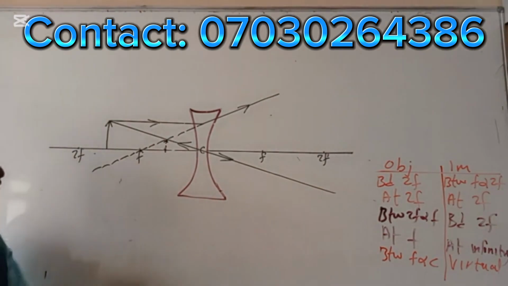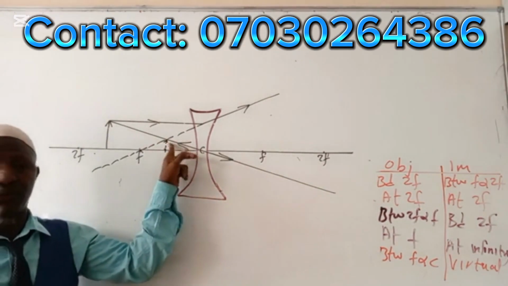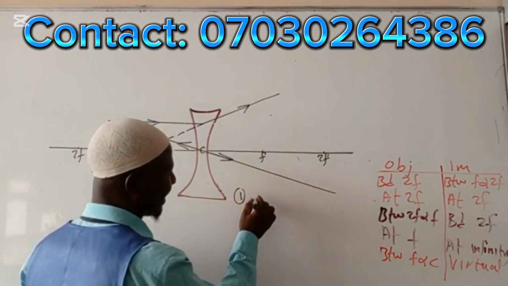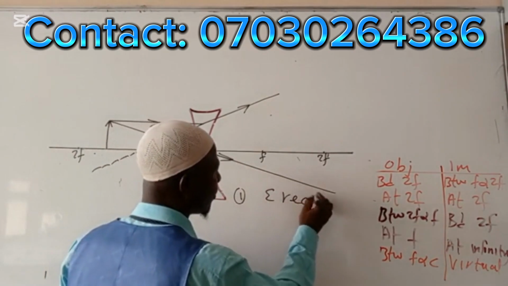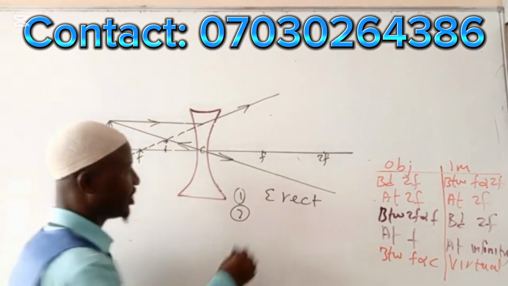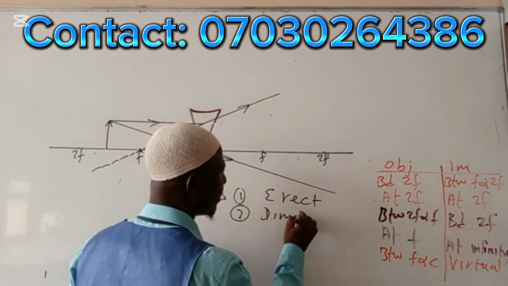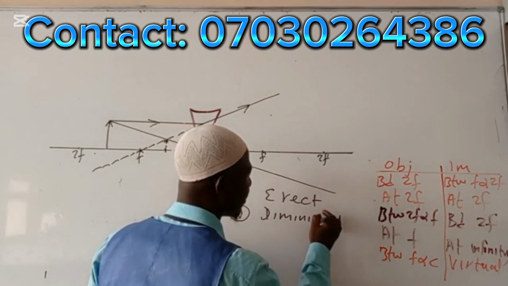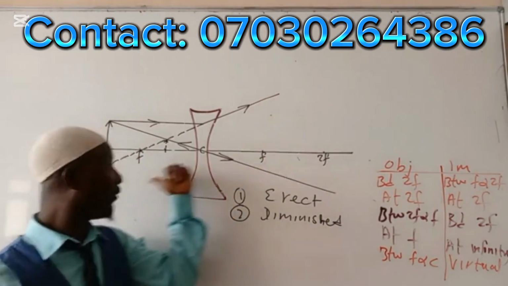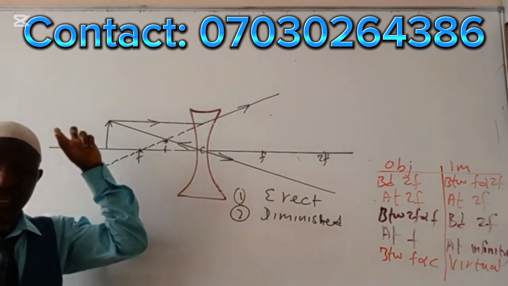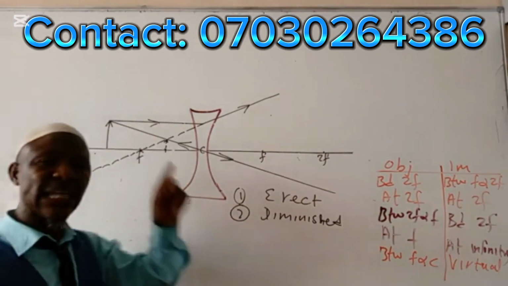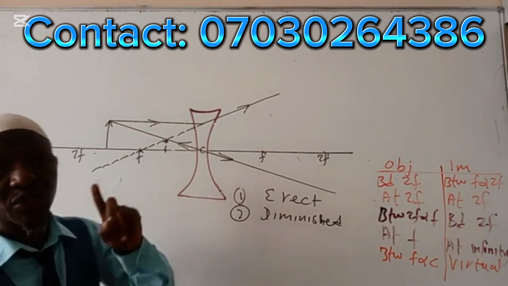So in that case, if you are asked to state the characteristics of the image formed, one, it is upright, that is erect. Number two, it's smaller, diminished. Then instead of forming here, it forms on the other side. I said it: in the case of a curved mirror, we are expecting the image to form on the same side as the object, and we call it a real image.